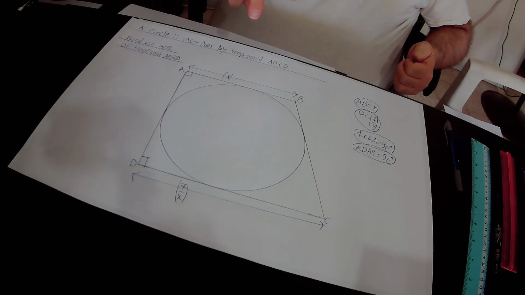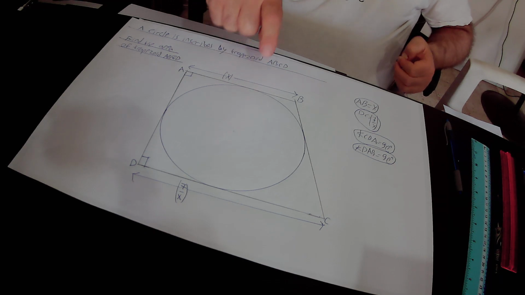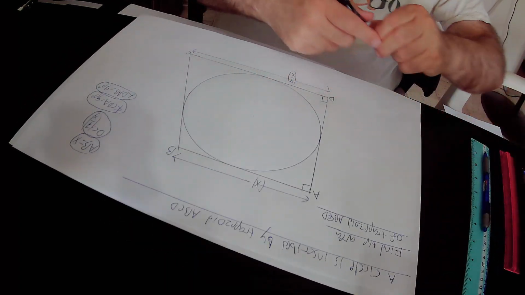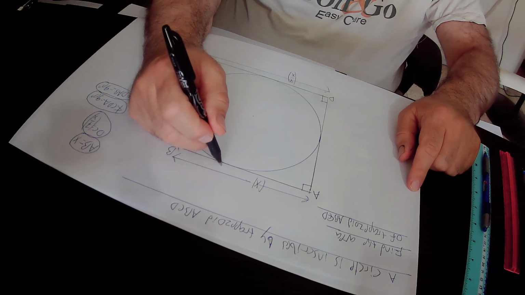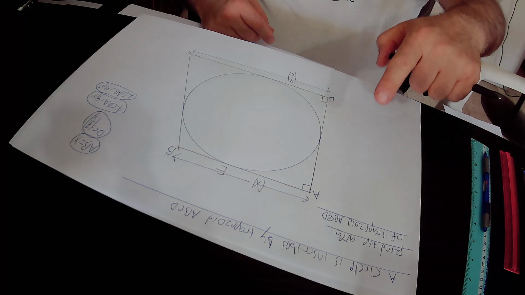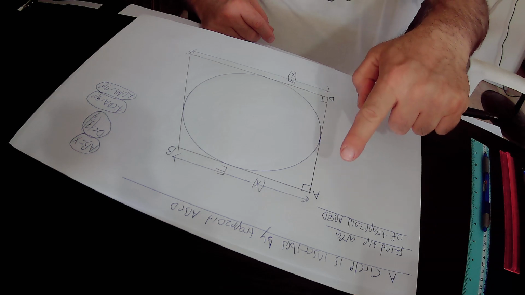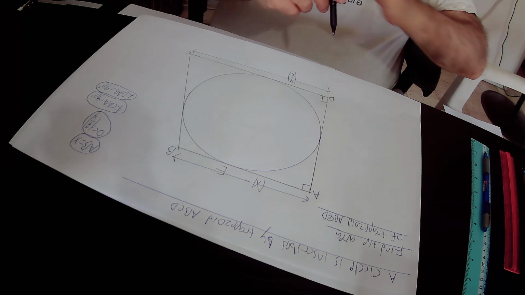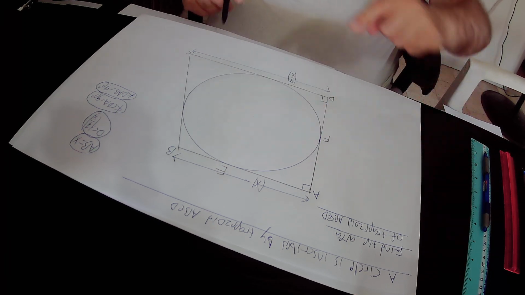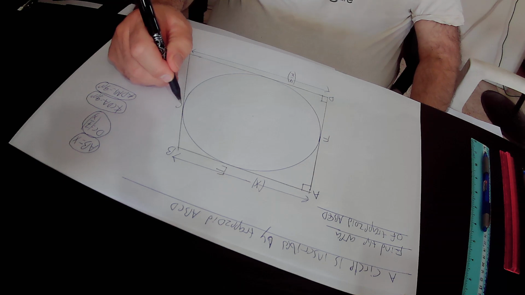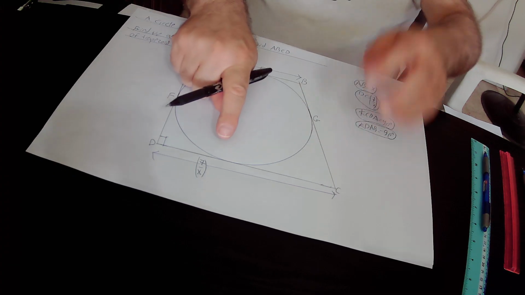We define the point of tangency of side AB with this circle, this point, as E. We define the point of tangency of side AD with this circle, this point, as F. We define the point of tangency of side BC with this circle, this point, as G. And finally, we define the point of tangency of side DC with this circle, this point, as H.